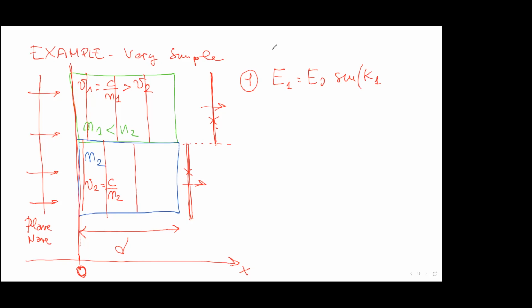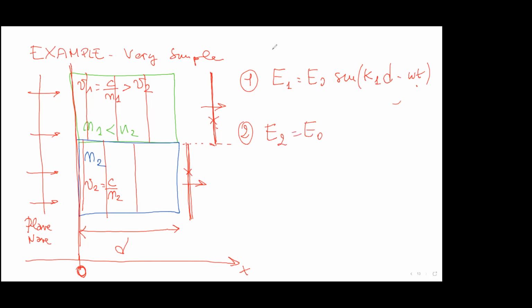times d, if you have propagated by a distance d, minus omega t. You have a forward propagating wave. In medium 2, the field is given by such an expression.